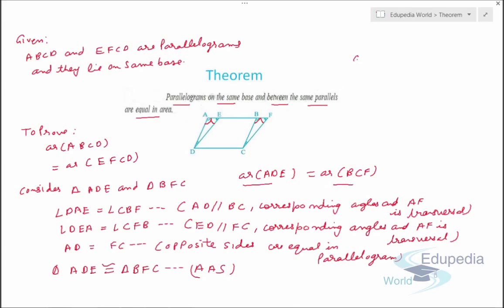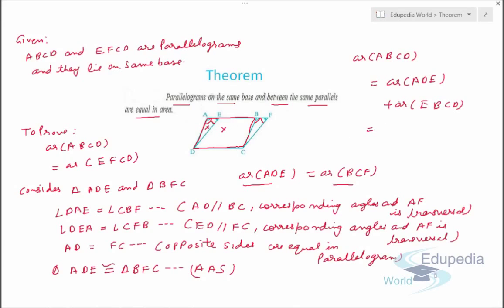So we can write area of ABCD as area of ADE plus area of EBCD. You can see properly, if this is the parallelogram ABCD, we can write this area as this area plus this area, right?